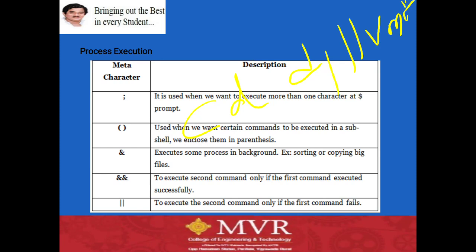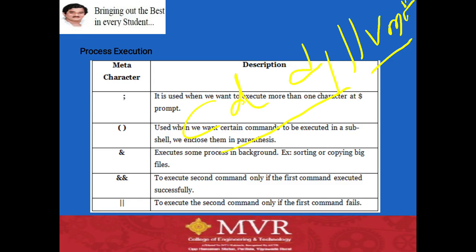Whenever you are using this, we are using two commands here. One is cd d1 and the other one is rm star. So when you are using the OR symbol here, if the first command fails, then only the second command will be executed.